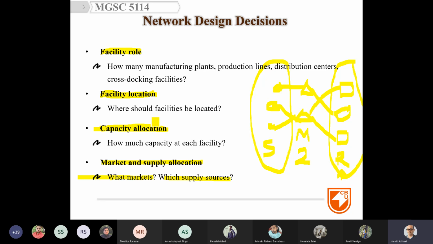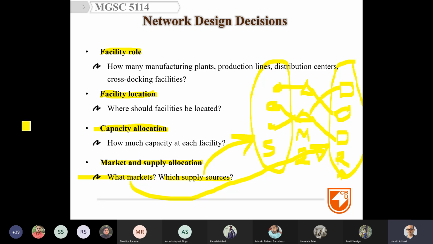These are two other decisions you have to make in order to decide about market, which is retailers and where you locate your stores, and supply, which is where you buy your raw materials.